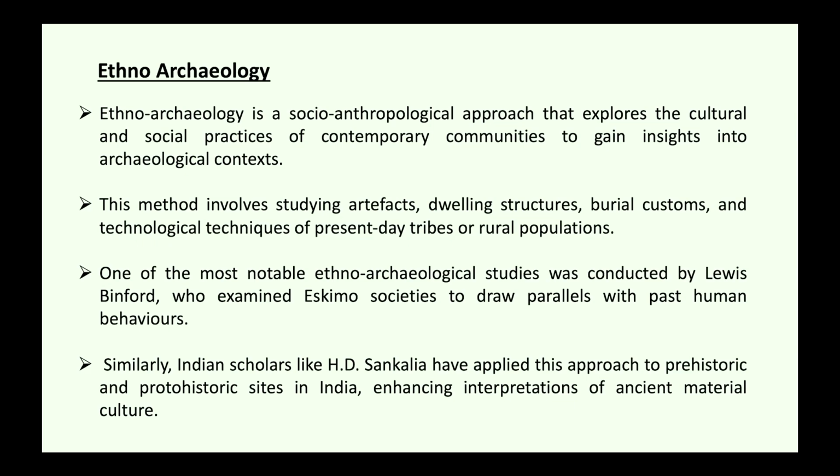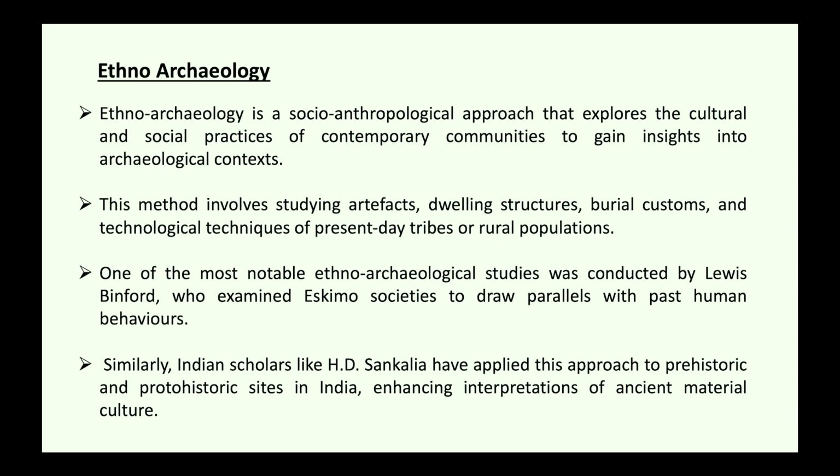One of the most notable ethnoarchaeological studies was conducted by Lewis Binford, who examined Eskimo societies to draw parallels with past human behaviors.